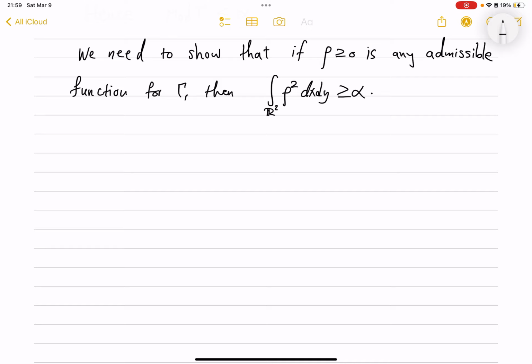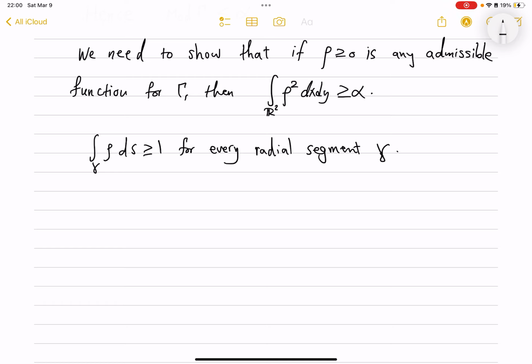So let's say the integral of rho over d gamma s is at least 1 for every radial segment gamma, which I don't want to write down. I just specified verbally what I mean by this.